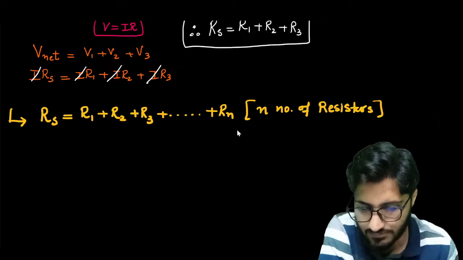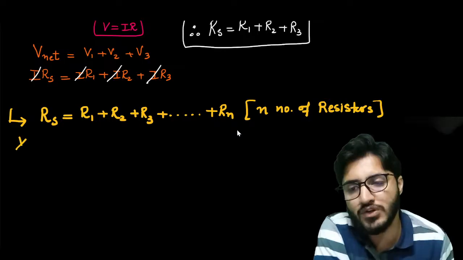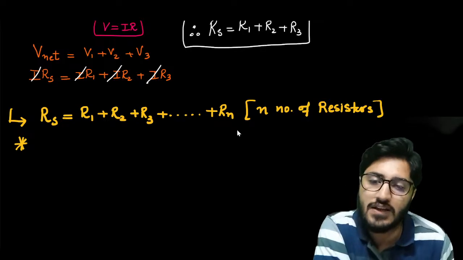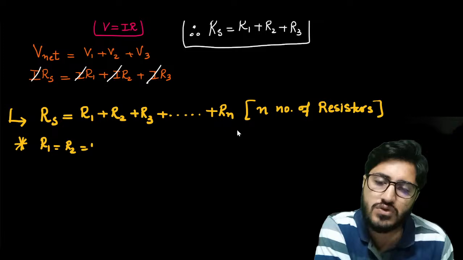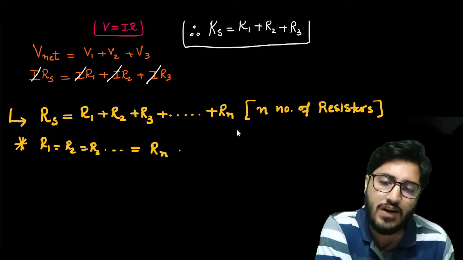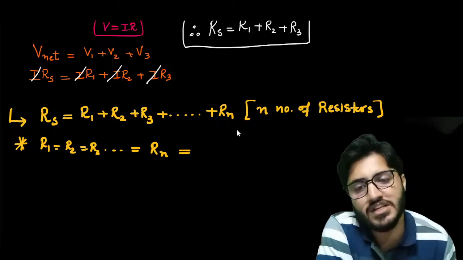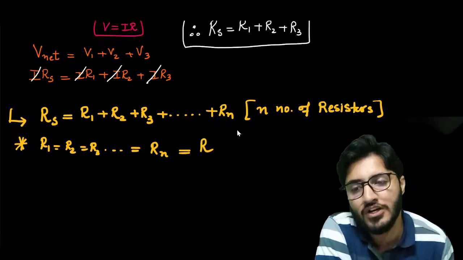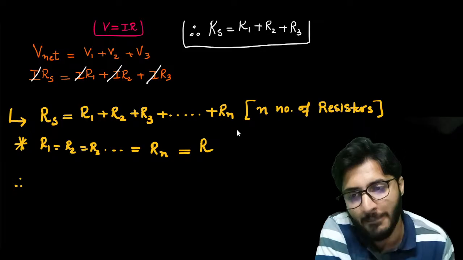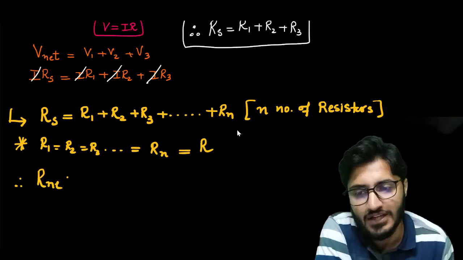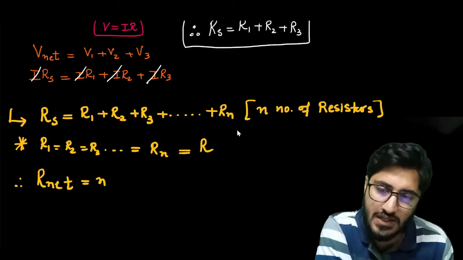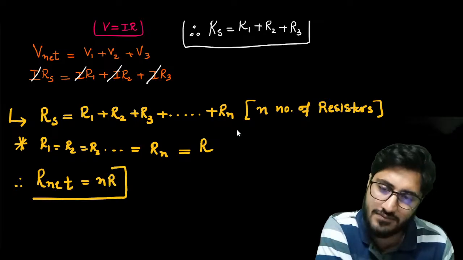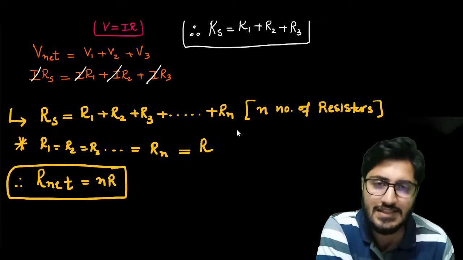What if I ask you one simple question: if the value R1 equals R2 equals R3 and so on up to Rn, if the value of all the resistances is equal to R, therefore my net resistance will be equal to n times R. Just remember this particular part.